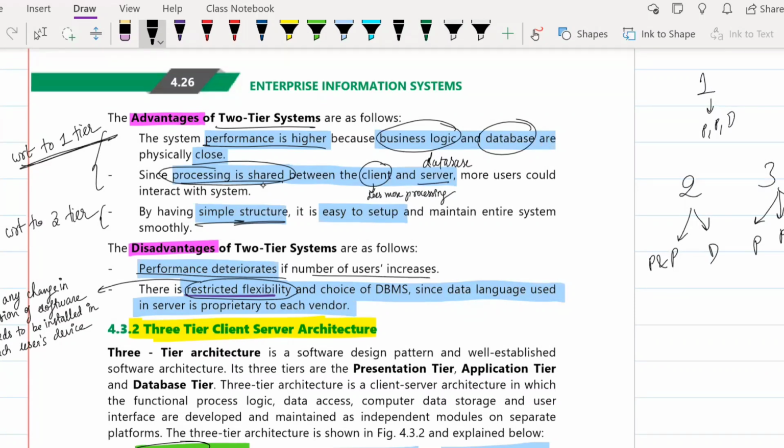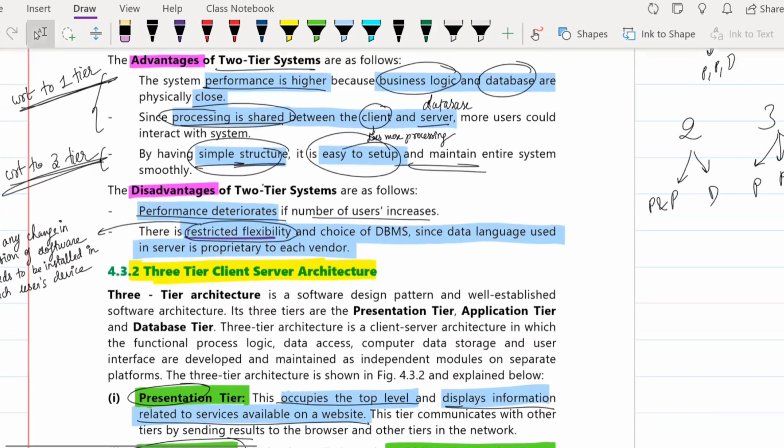Since the processing is shared, the load is going to be shared between both, whereas in 1-tier architecture, one layer itself will have to do everything. Then another advantage is that in comparison to your 3-tier architecture, this structure is going to be simple as there are only 2 layers. So this is also easy to set up and maintain.